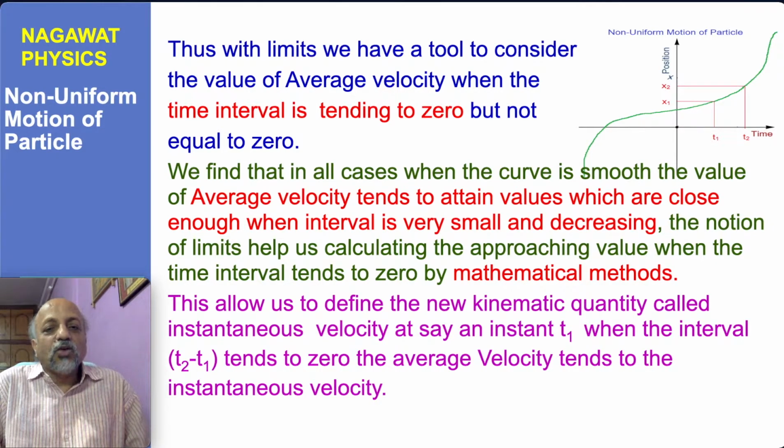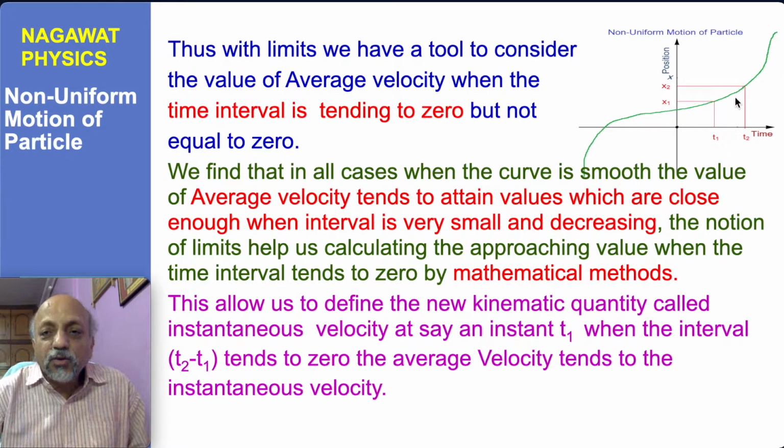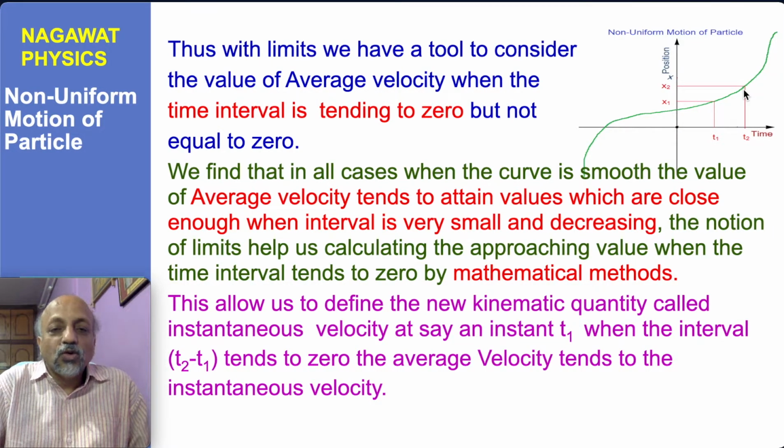That is a limiting value, which I can be interested in, because when t2 minus t1 is tending to 0, I can consider that value to be specifically assigned to this instant t2. Therefore this gives us a basis for defining a new physical quantity which we call instantaneous velocity, at instant t2 or at any instant t.